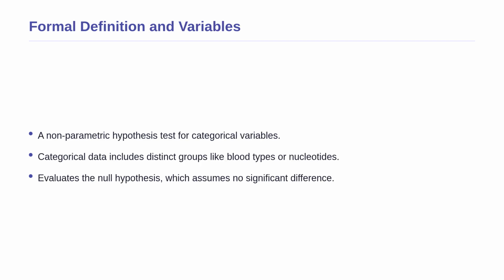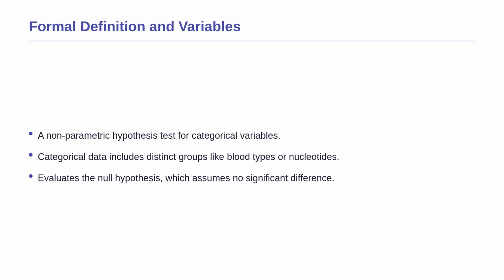Now that we understand the basic idea, let us formalize it. In statistical terms, the chi-square test is a non-parametric hypothesis test. It is specifically designed for categorical variables. These are data points that fit into distinct, separate groups. Think of blood types, flower colors, or the 4 nucleotide bases in DNA.